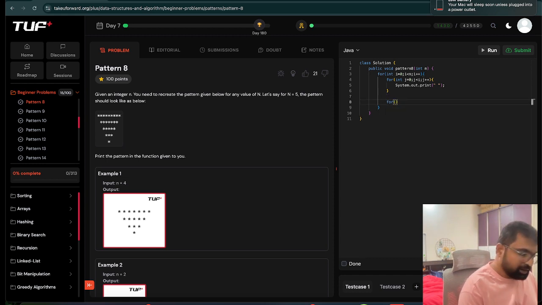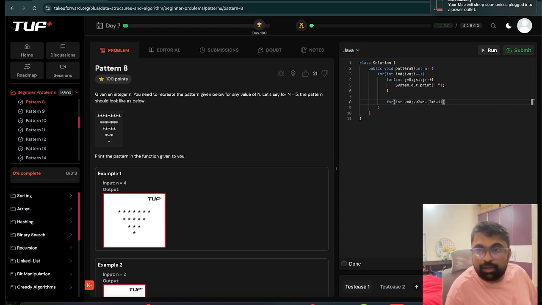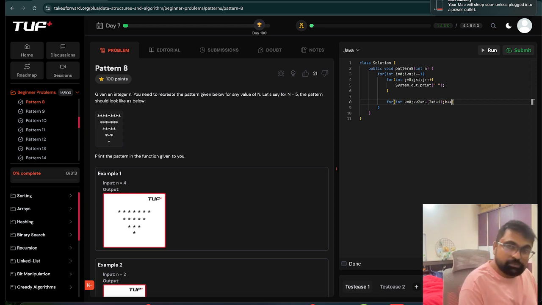Then we will write the for loop for printing the stars. k equal to 0, k less than 2 into n minus (2 into i plus 1). This is the formula, and k plus plus.